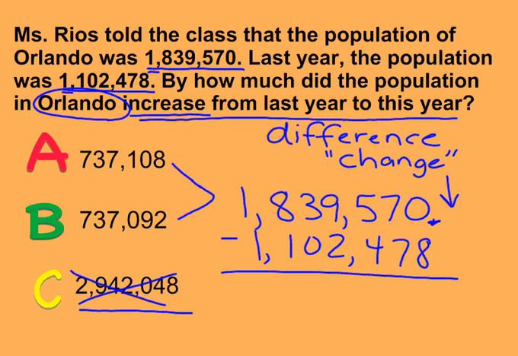0 minus the 8. So I would have to regroup. I cannot take 8 from nothing. However, what I see on this answer key here is that they have given you an answer for someone who does it the wrong way. Be careful.